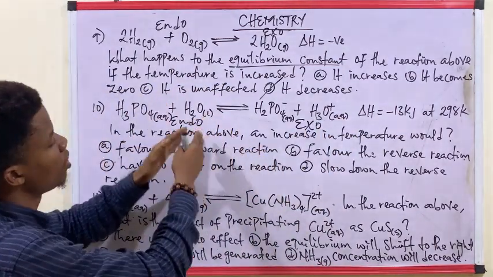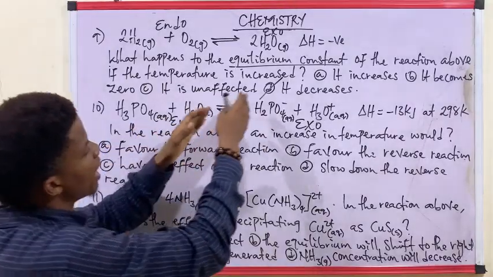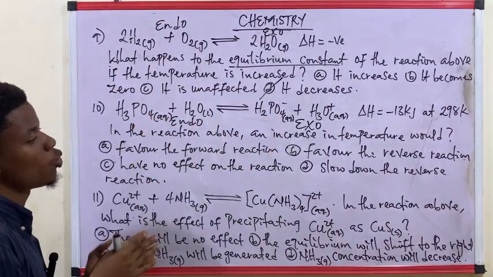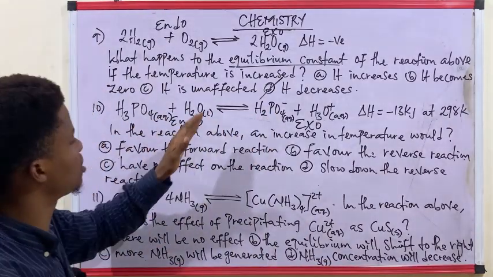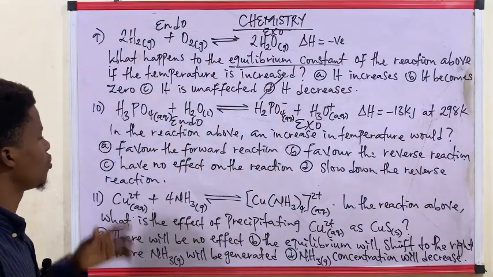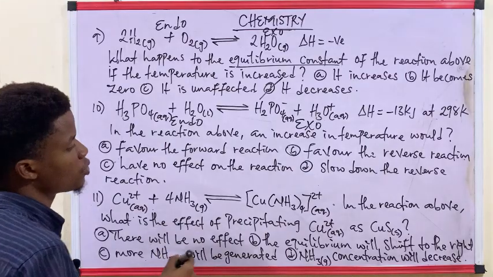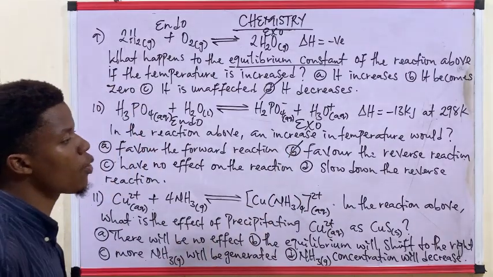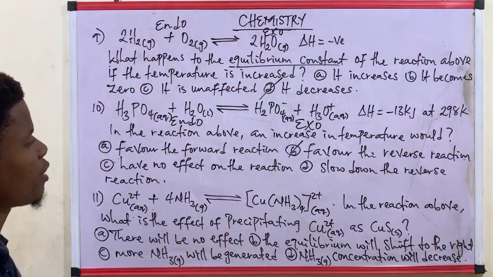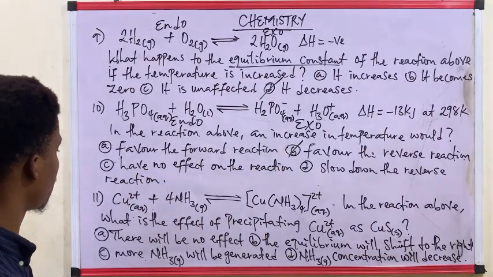When you increase the temperature, it favors the endothermic part, so the equilibrium position is shifted to the reverse direction, or you say it's shifted to the left. So the answer here is simply option B, favor the reverse direction. So the reverse direction is favored.